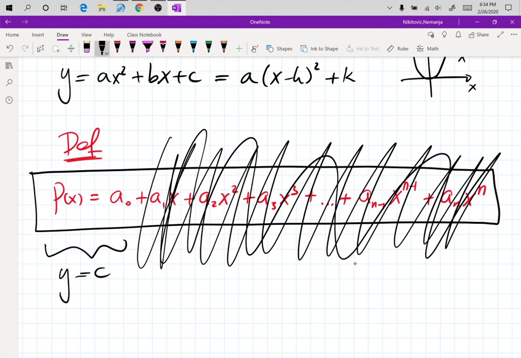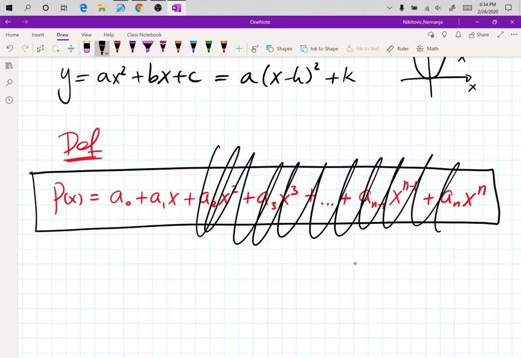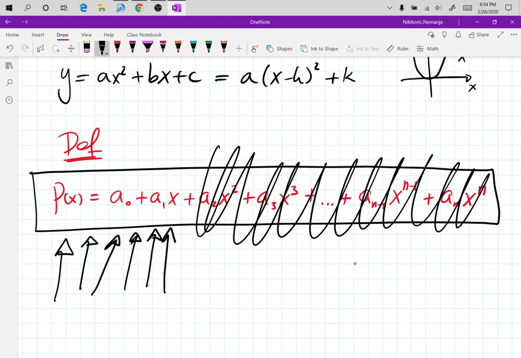This is a constant function. Okay? What if I go and I kill this? What's left over there? y equals mx plus b. I know that your m is now a1 and your b is a0, but we can name them whatever we want.